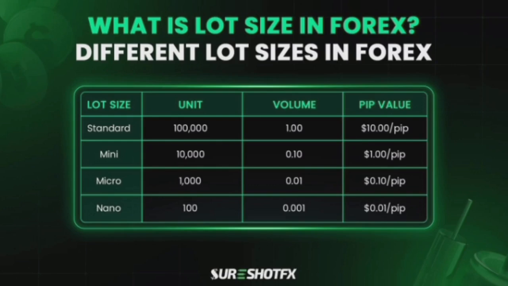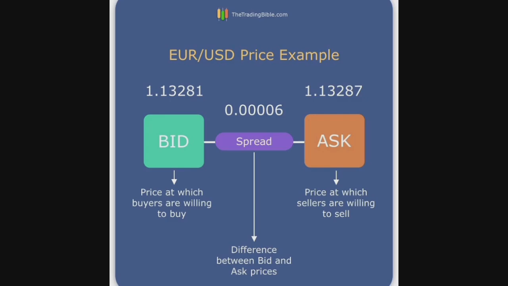Then the micro lot is 1000 units, 0.01 volume, and 10 cents per pip move. Then the nano lot, which some brokers give, is 100 units, 0.01 volume, and 0.01 dollar per pip.